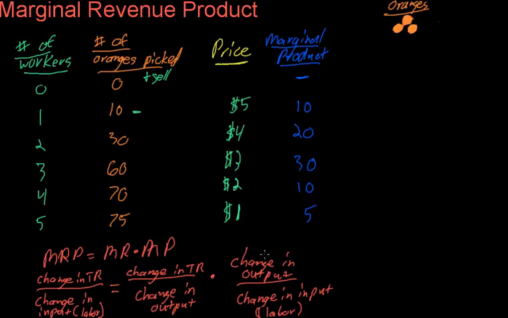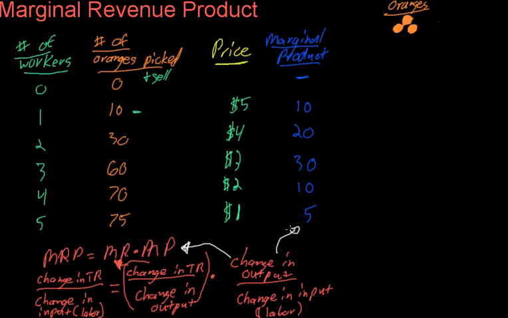So I hope that some of you have caught on to this by now, but this change in total revenue divided by a change in an input, that's just marginal revenue. And then the change in output divided by a change in an input, or a change in labor, that's our marginal product. That's exactly what we calculated right here.